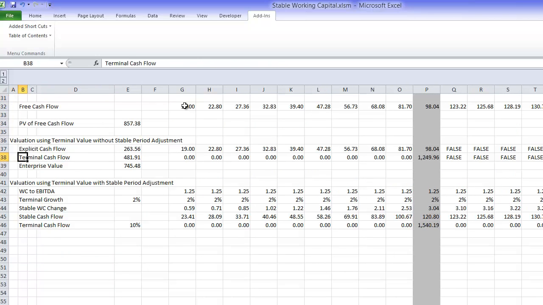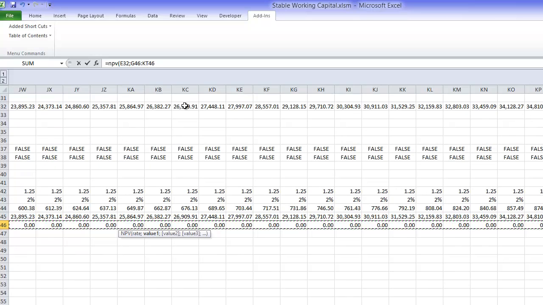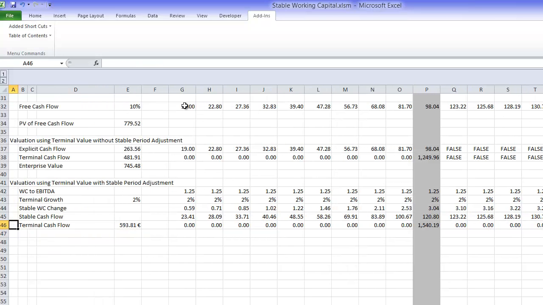Notice how this terminal value is a lot higher than that one. I should have put this somewhere else. Put it up here. Okay, so this is the NPV at the WACC.